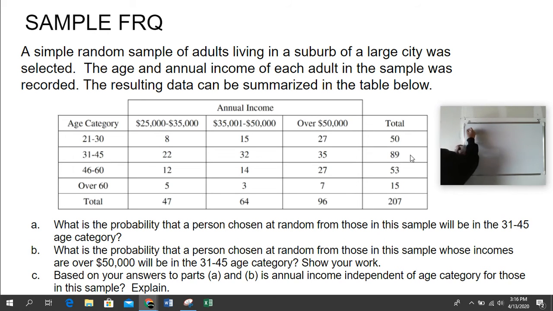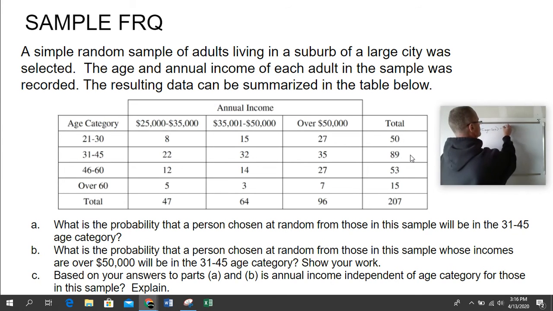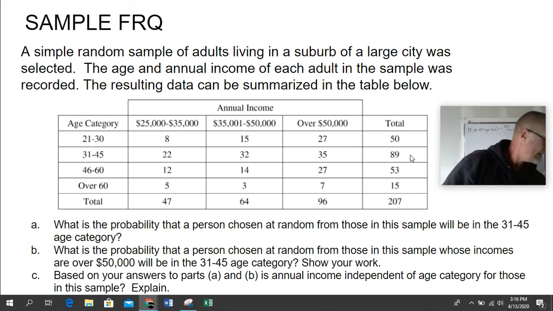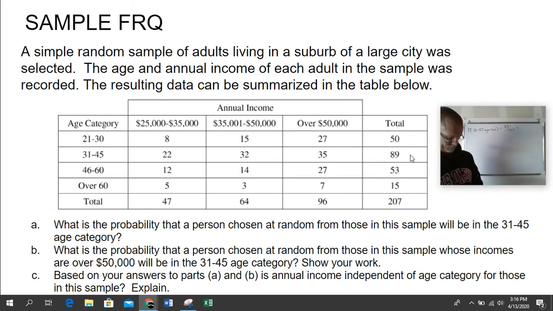So the probability of a person being in the 31 to 45 age category is equal to 89 over 207. If I get that on the calculator, 89 divided by 207, that is 0.43.